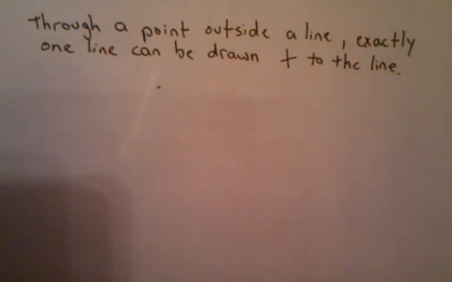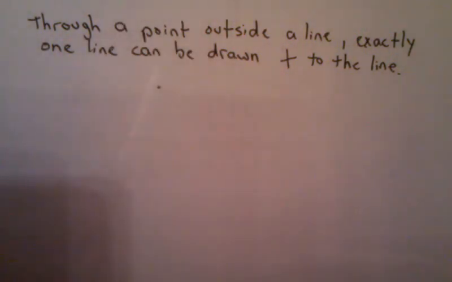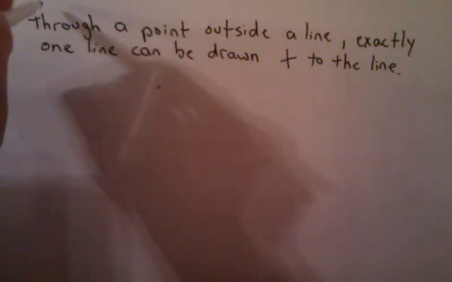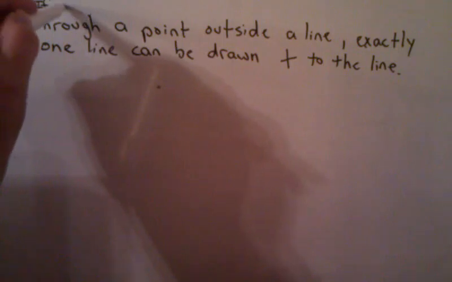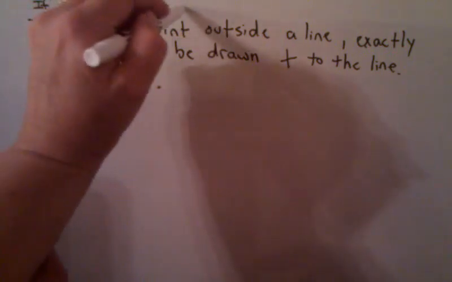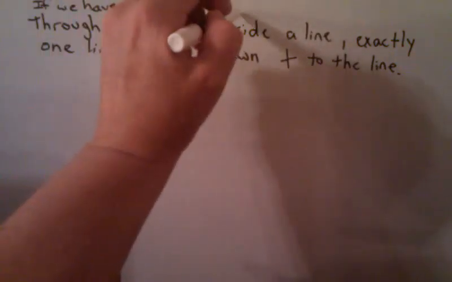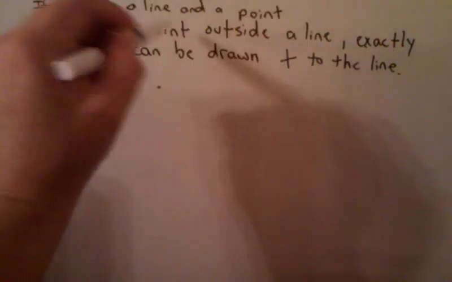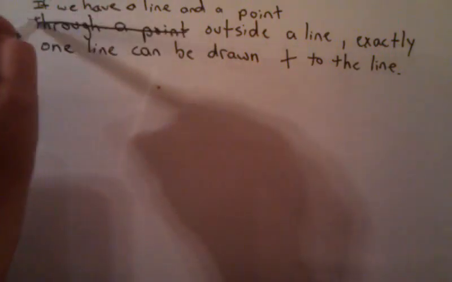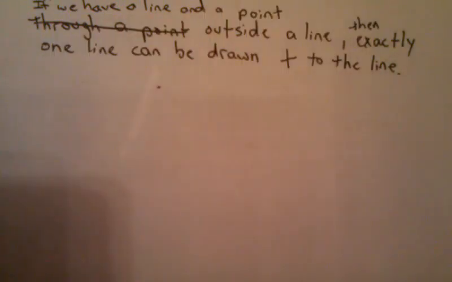So we would write, if we have a line and a point outside the line, then exactly one line can be drawn perpendicular to the line.